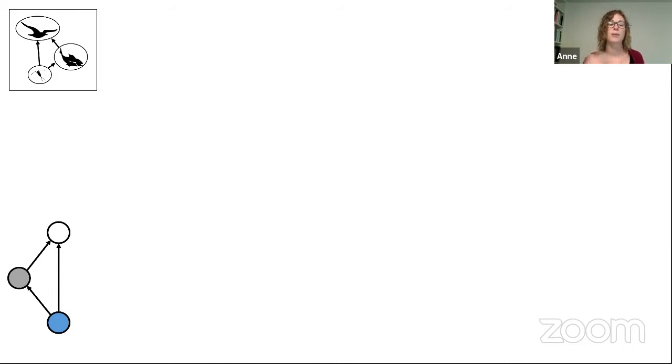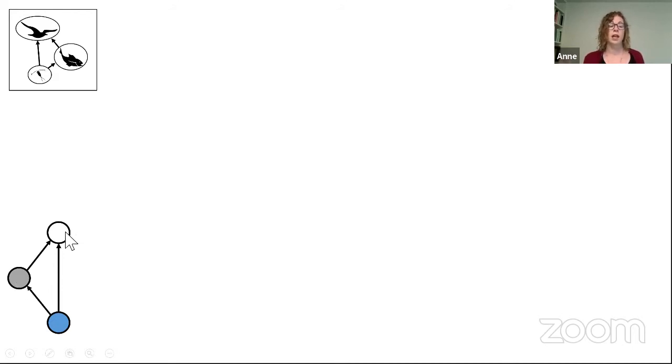So lots of studies have looked at it, but they've used slightly different nuanced definitions of omnivory. Here we see a simple omnivory module. We see the omnivore in white, a consumer in gray, and the resource in blue. The omnivore is competing with the consumer for the resource, but also consuming the consumer.